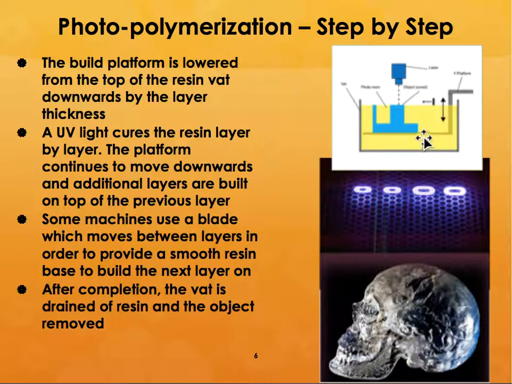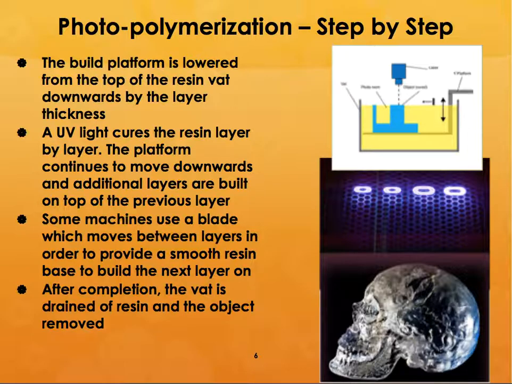This goes down by one small distance, then more resin flows on top, and then when you shine the laser again on top of that layer where you need the solid areas, then it hardens and so on. So you build the whole part like that, and you can have overhangs, undercuts. It doesn't matter because you don't need any support material at all.